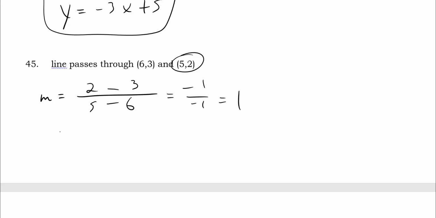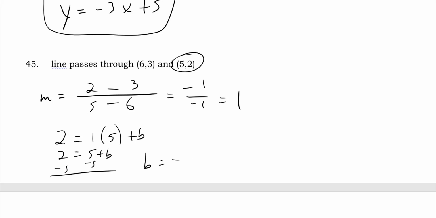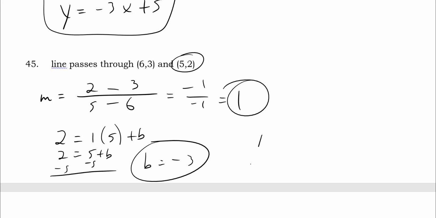So y equals mx plus b. So 2 is equal to 5 plus b, subtract 5, b is negative 3. Okay, so you got everything, you get your slope. So the equation is y equals x minus 3.